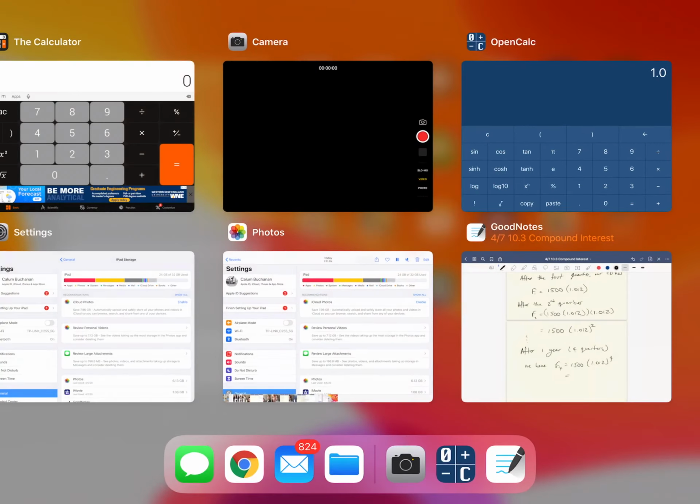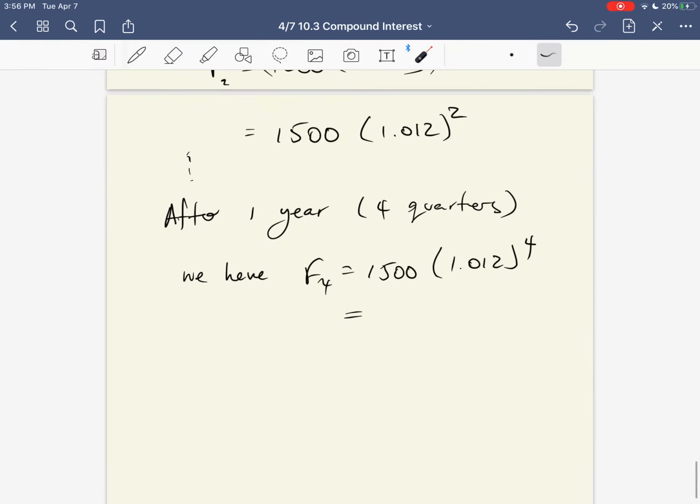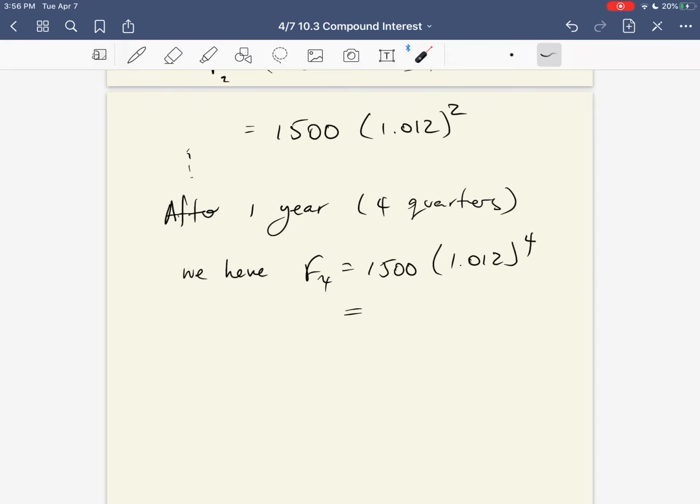It's kind of important if you're just using one of these little calculators here that you do your order of operations right, because if you do 1,500 times 1.012 and then raise it to the 4th, you will get a very different answer than 1.012 to the 4th times 1,500.